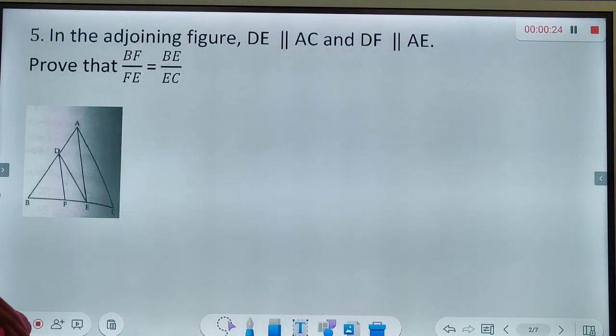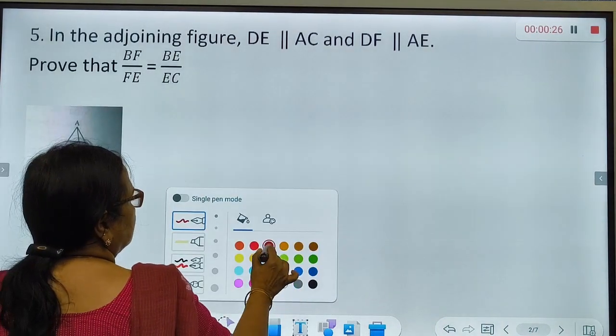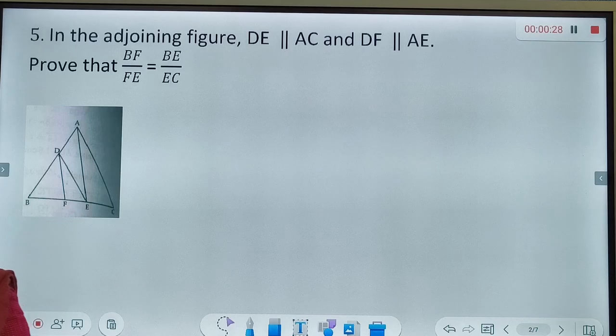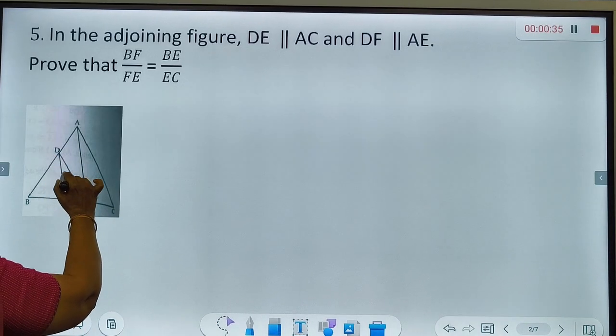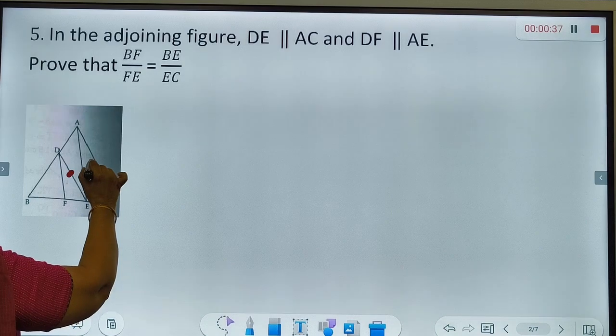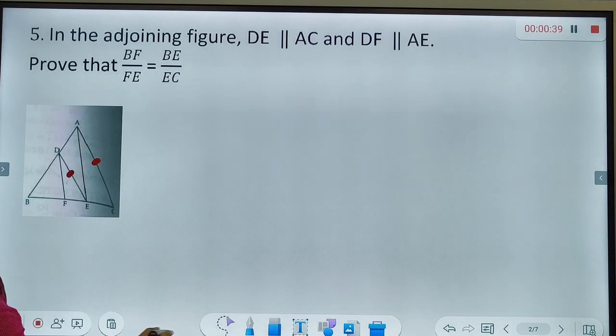Now look at the given figure. What do you observe? In the adjoining figure, DE is parallel to AC.